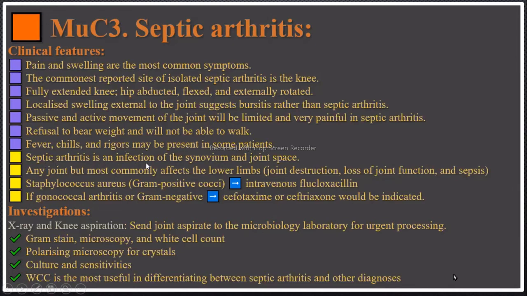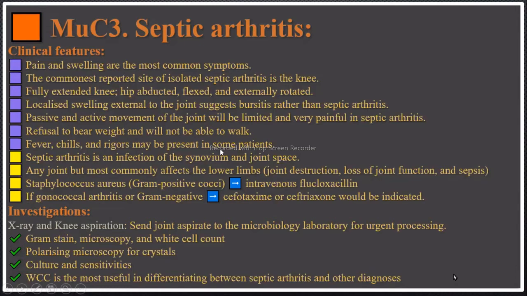Septic arthritis is an infection of the synovium and joint space. It can affect any joint, but most commonly affects the lower limbs. If you find the causative organism according to the culture is Staphylococcus aureus, so intravenous flucloxacillin.